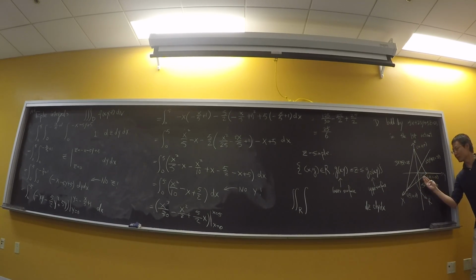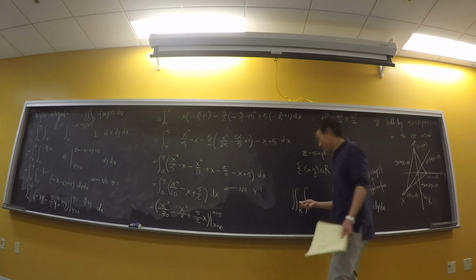The triangle is exactly defined on the xy plane, all right? So z cannot be even lower than the xy plane. Are you with me? So the lower surface I'm looking at is actually the xy plane, and I'm looking for the equation to define the xy plane. What is the equation? z equals 0. All right?